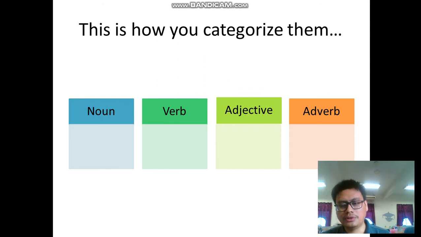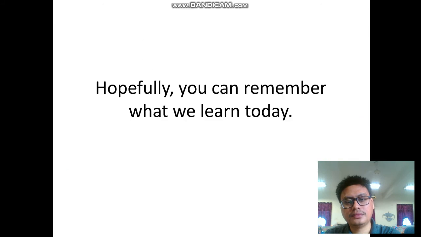I will give you around 100 words, so you have to put whether the word is a noun, a verb, an adjective, or an adverb. That is your activity for today. Hopefully you can remember what we learned today. It's not really anything new. It's just a refreshing course, because we have learned about nouns, verbs and adjectives for so long. Just that I add adverbs for today.